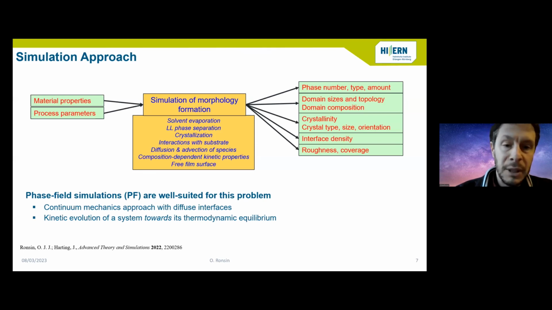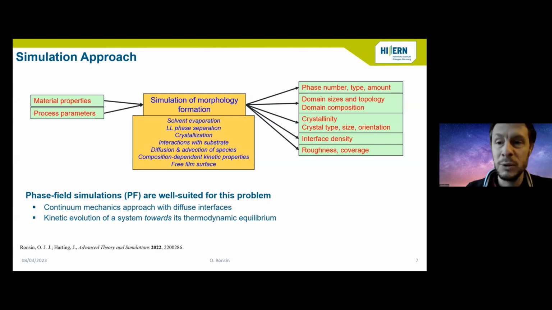And with such simulations, what we do, basically, is to resolve the kinetic evolution of a system towards its thermodynamic equilibrium, knowing that in most of the cases, it would be quenched at some point in the evolution towards the equilibrium, but will never reach it. Phase field is an old method. It's a well-known method. It's a widely applied method for many different material systems.